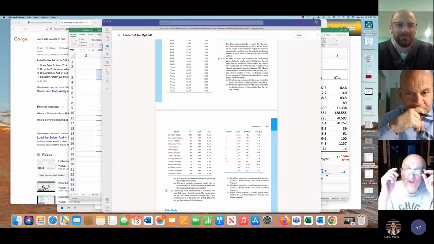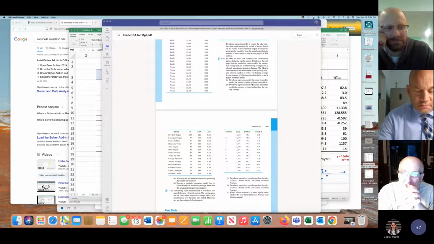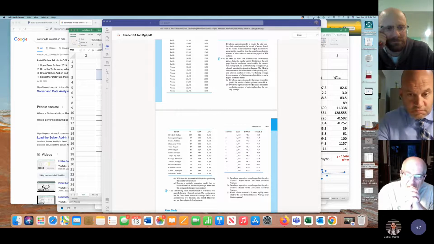So we look at 4-32. The 2009 New York Yankees won 103 baseball games during the regular season. The table on the next page lists the number of victories, wins, the earned run average, and the batting average of the team.